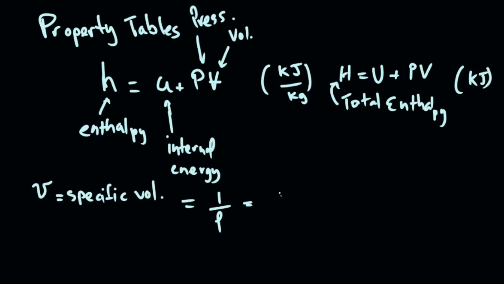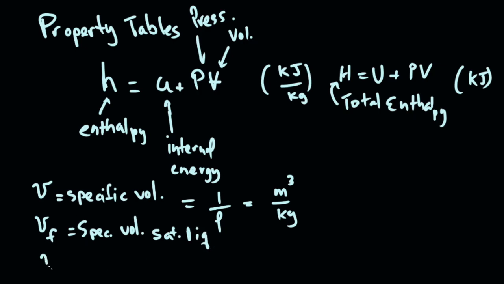The units of density are kilograms per meter cubed, so the units of 1 over density are meters cubed per kilogram. We'll have little subscripts to designate what kind of specific volume. Little v sub f represents the specific volume of the saturated liquid.